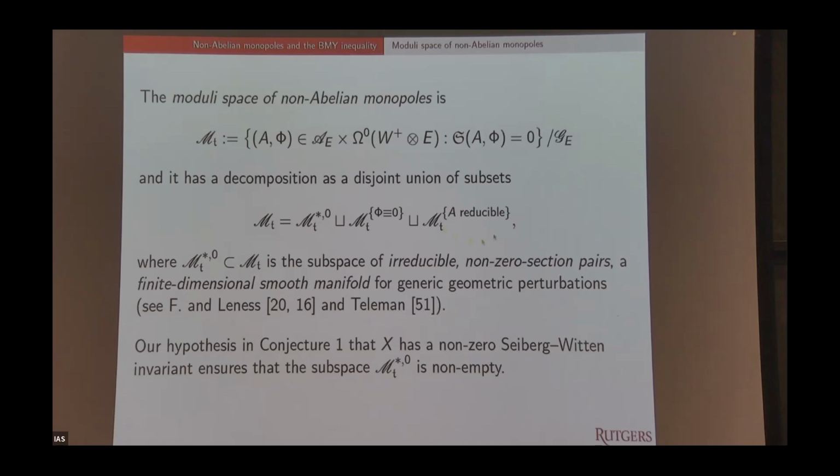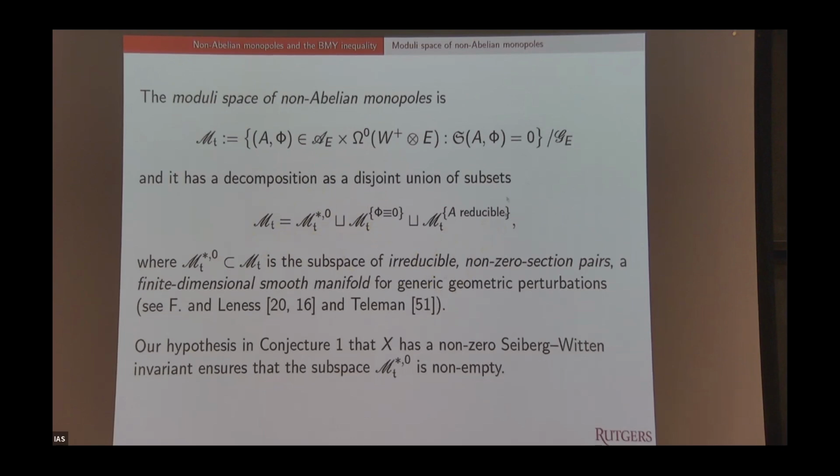So this moduli space, then, you can think about as a disjoint union where you have a middle piece, which is most of the moduli space, and then two closed subsets, if you will, where the section is zero. There are the anti-self-dual Yang-Mills equations for that moduli space, and then many copies of solutions to the Seiberg-Witten monopole equations.